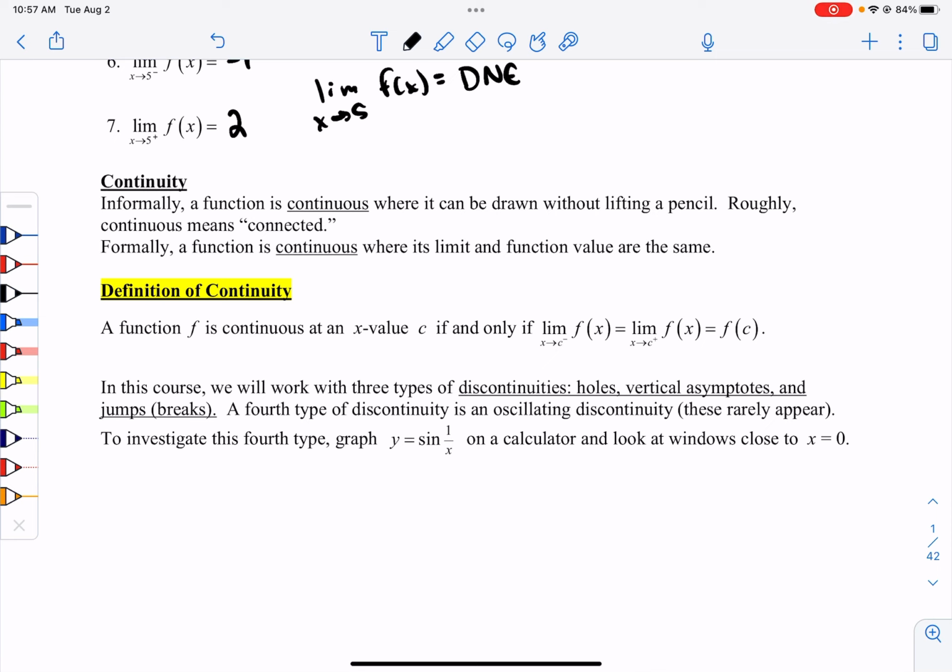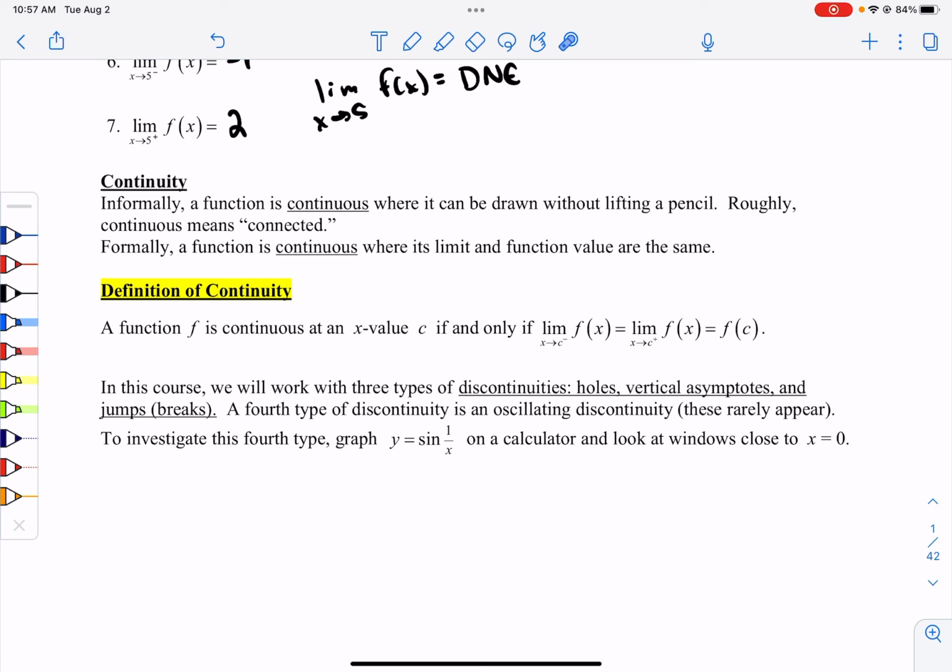The definition, what it looks like, and what you're going to see a lot on the AP test and the homeworks and the things that we do is this definition right here. A function f is continuous at an x value c if and only if, as x approaches c from the left, that is equal to x approaching c from the right, which is also equal to the value of f of c.